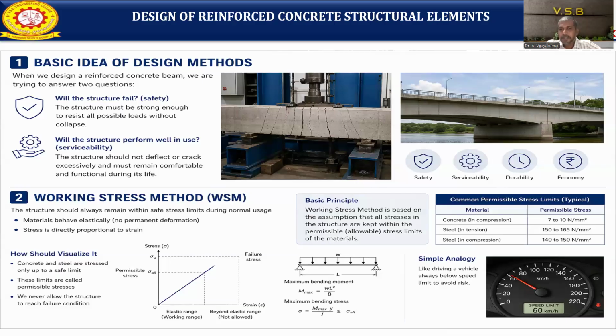So what are the permissible limits for the different materials? For concrete in compression, the permissible stress is 7 to 10 Newton per mm square. Steel in tension is 150 to 165 Newton per mm square. Steel in compression is 140 to 150 Newton per mm square. So the working stress method deals only with stresses, everything within a permissible limit.